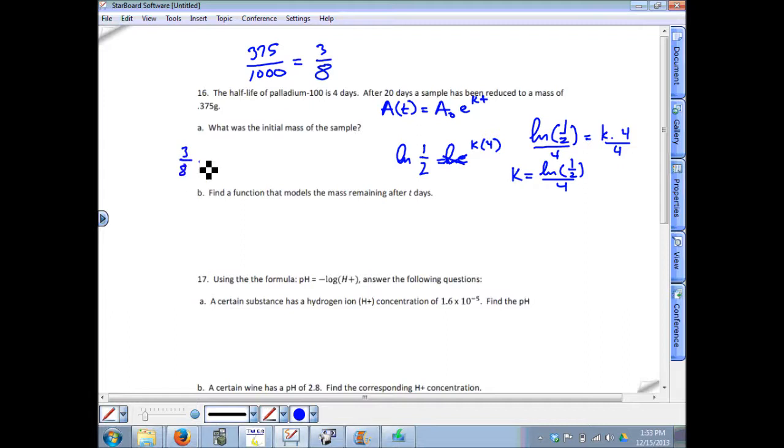So we could say that 3/8 is equal to the initial amount, which we don't know, times e to the natural log of 1/2 divided by 4. And then we let time equal 20 days. Now 20 over 4, those can reduce to 5.